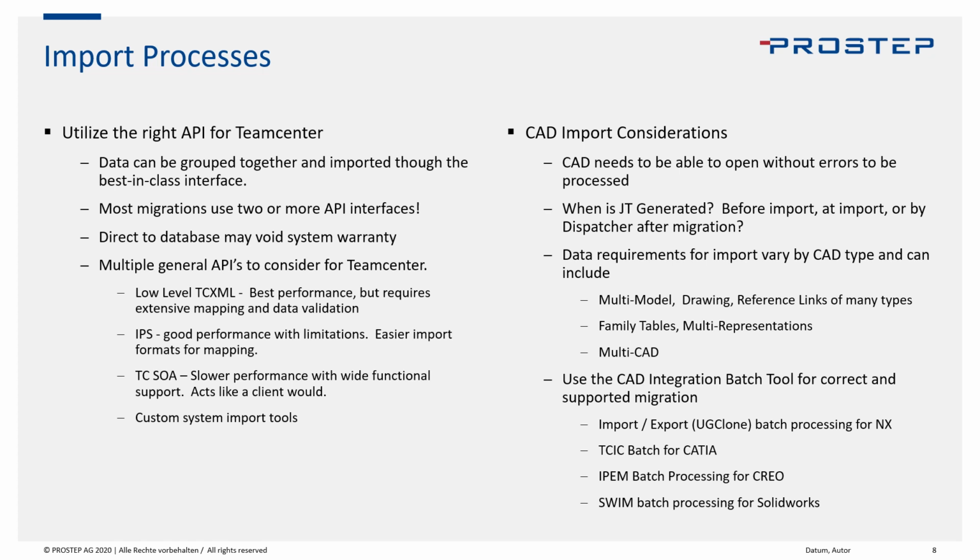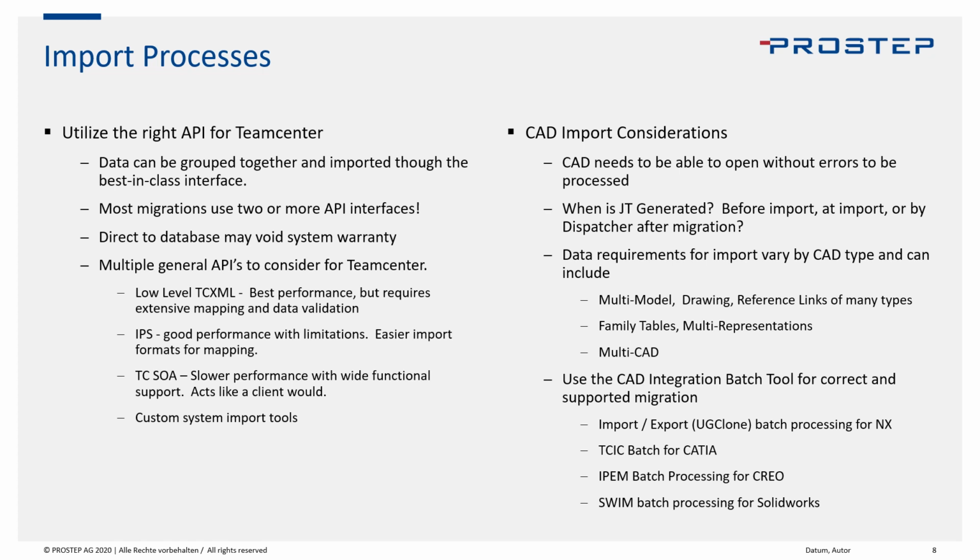So it can be used in some of those cases where it's difficult to use the other interfaces, but it's slower than the others are. And then there are other custom system import tools that could be implemented in Teamcenter in order to provide some batch processes or others. There are also specific APIs that are needed in order to correctly import CAD.